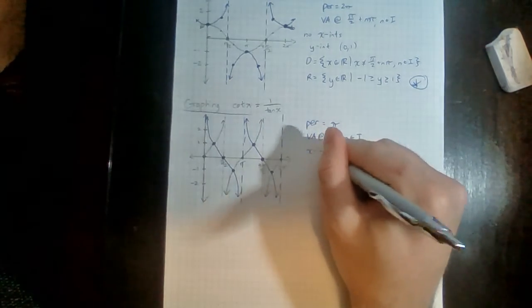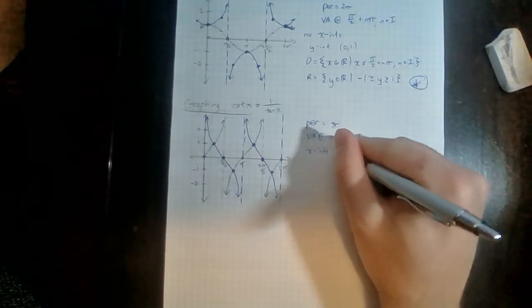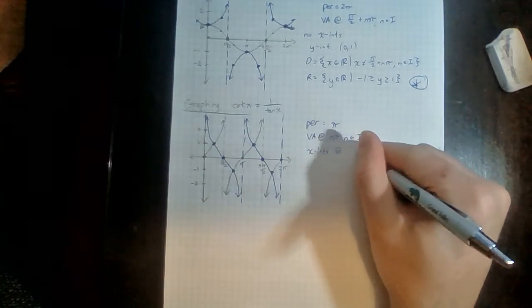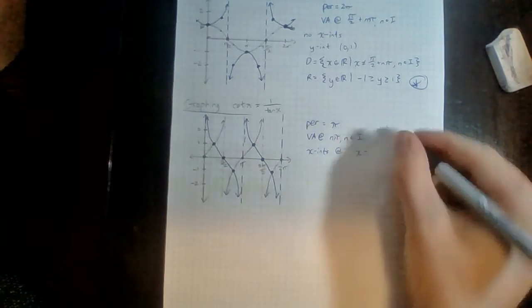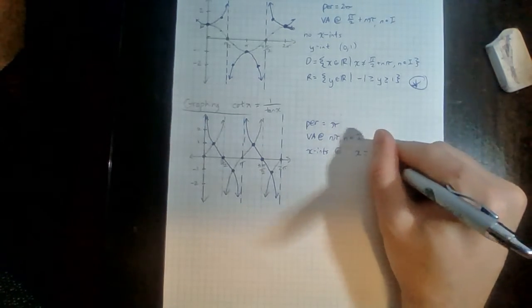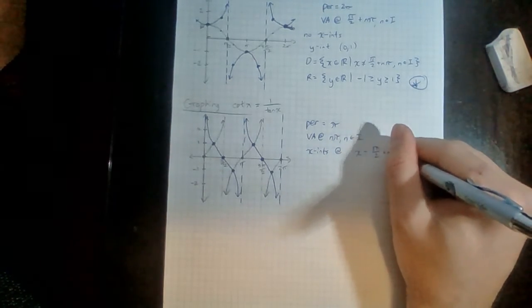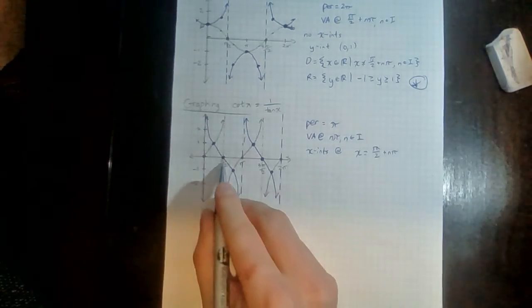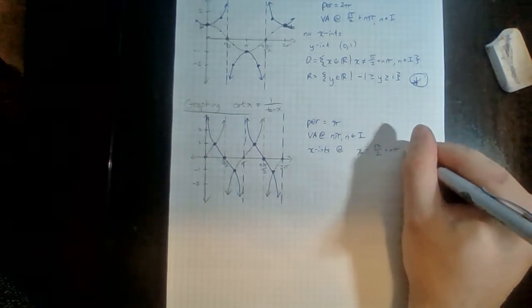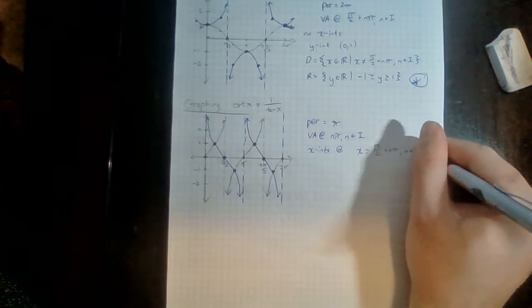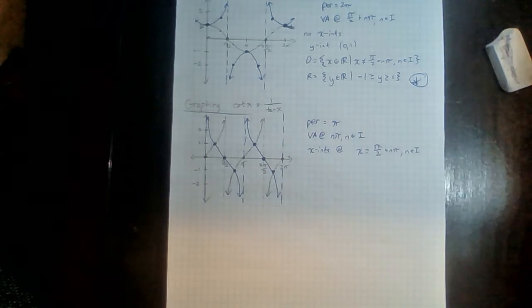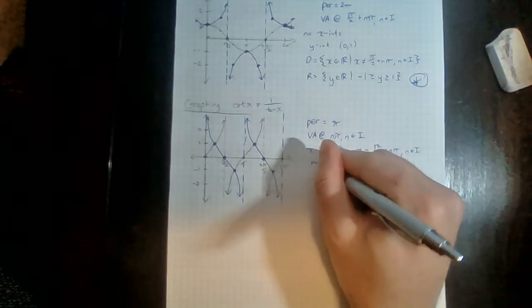We have x-intercepts at x equals pi over 2, and then every pi after that: pi over 2, 3 pi over 2, 5 pi over 2, and so on. There's no y-intercept.